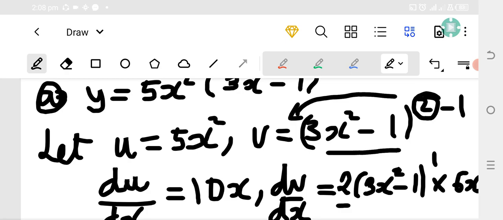Then we differentiate the same core again, and it becomes 6x, because the derivative of negative 1 is 0. That's what I did.